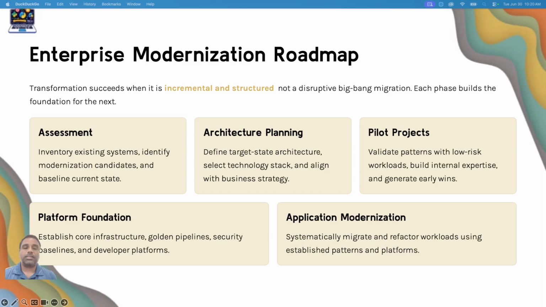Not only systematic migration, but also refactoring workloads using the established patterns and platforms gives you cost optimization and one step closer to cloud native patterns. Each phase builds the foundation for the next. Skip phases, and you create technical debt that compounds.